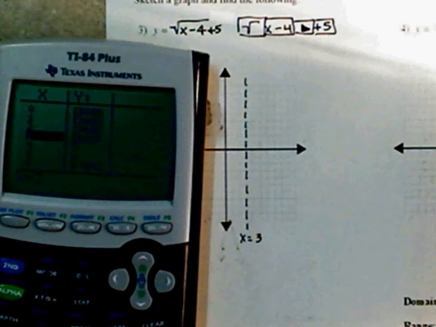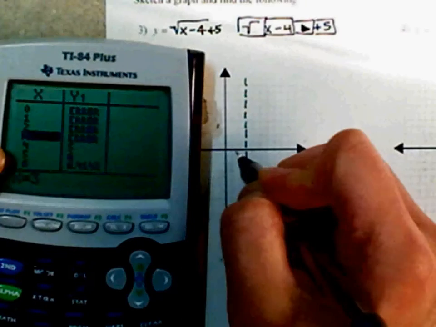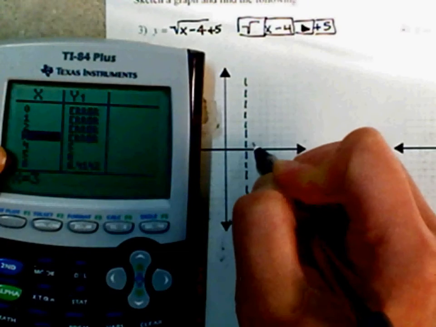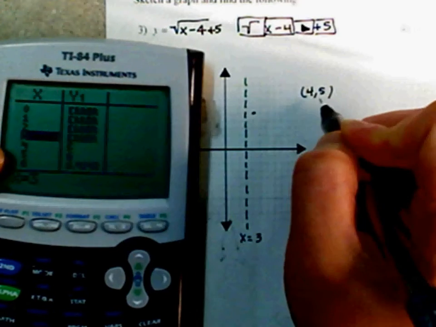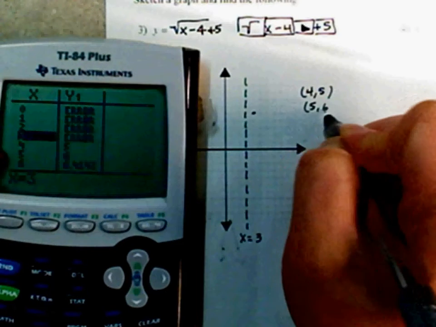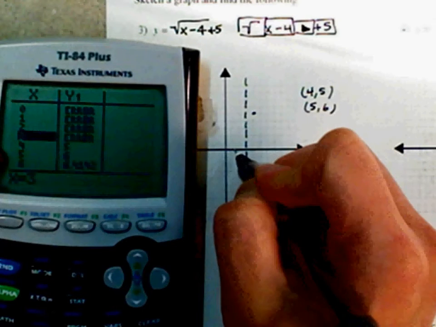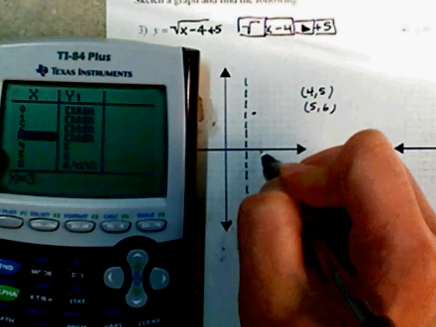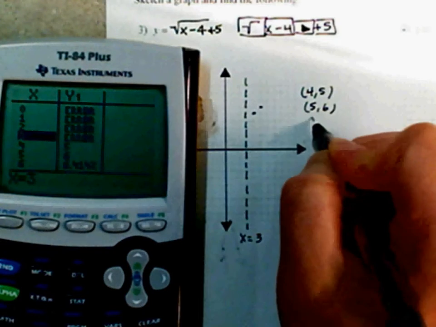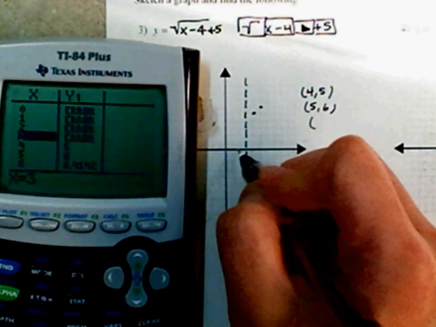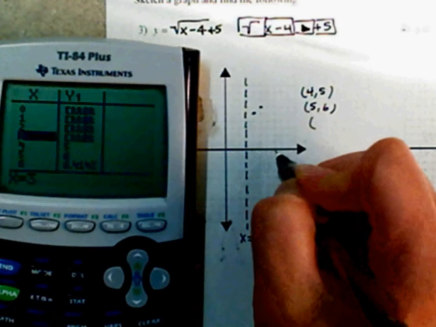All right, next one, 4 and 5. 1, 2, 3, 4. 1, 2, 3, 4, 5. So I'm going to plot these points. And then I'm going to do 5 and 6. So 1, 2, 3, 4, 5. 1, 2, 3, 4, 5, 6. And then go to your very last one. Go to 10.